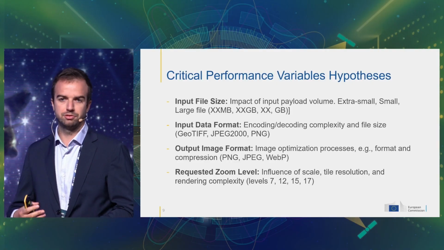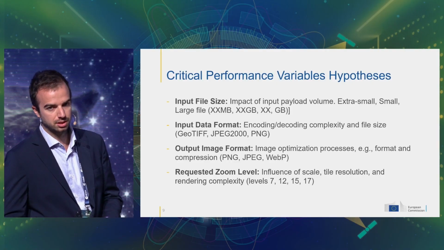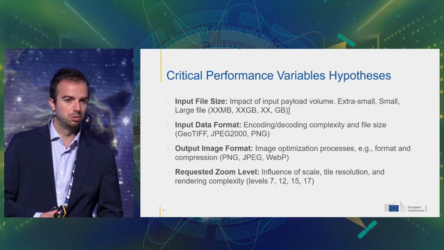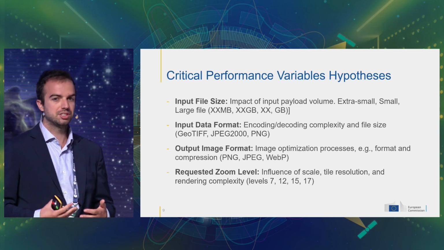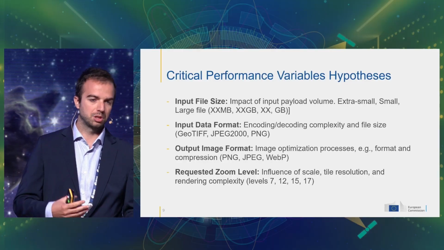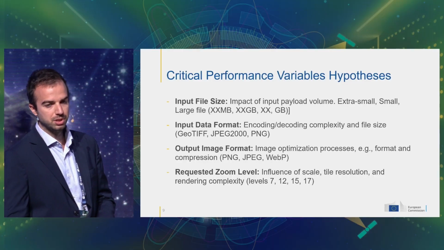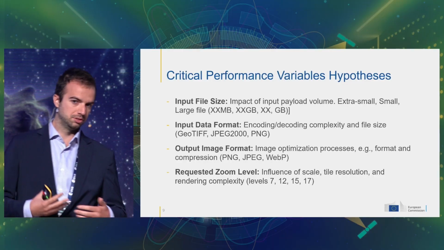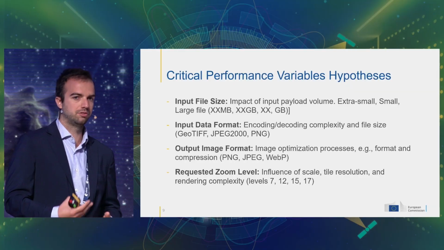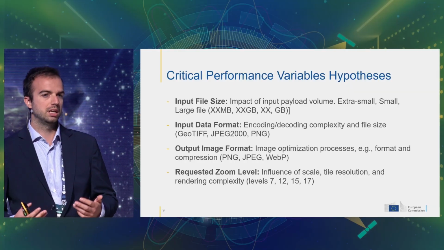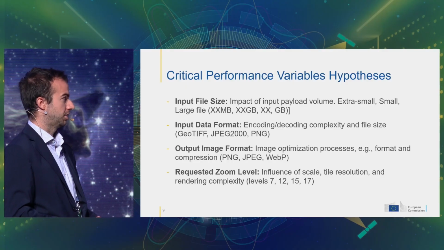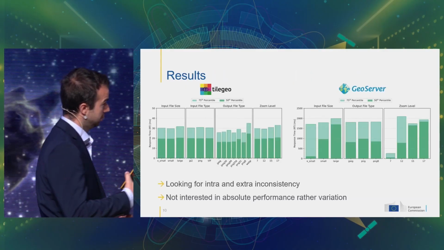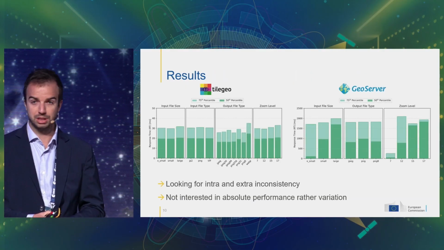Does it matter if the user requests to render PNG tiles or WebP or JPEG tiles? And also, is there a difference if I'm requesting a tile very zoomed in or very zoomed out? This is just an example of hypotheses that you may ask yourself and want to investigate in your experiment. So these are the results that we get.